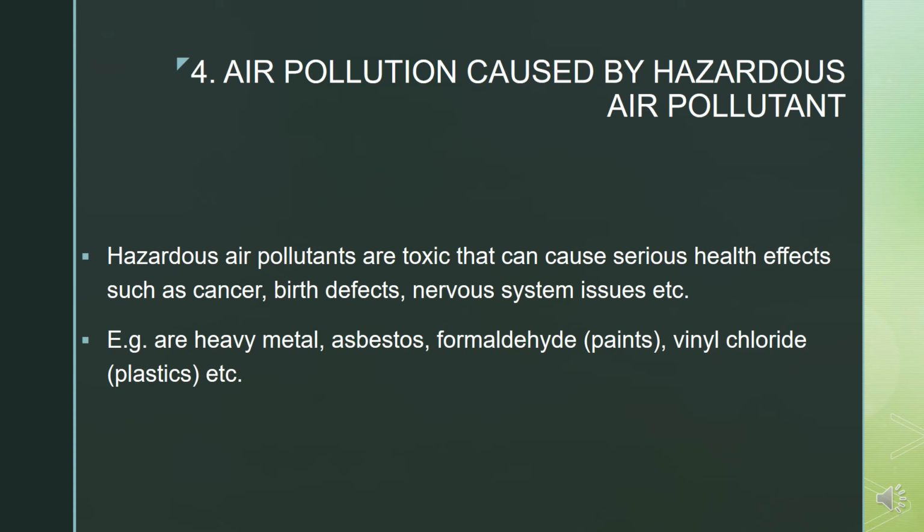Fourth one is air pollution caused by hazardous air pollutants. Hazardous air pollutants are toxics that cause serious health effects such as cancer, birth defects, nervous system issues, etc. Examples are heavy metals, asbestos, paints, plastics, etc. Burning of these materials causes cancers, birth defects, etc.